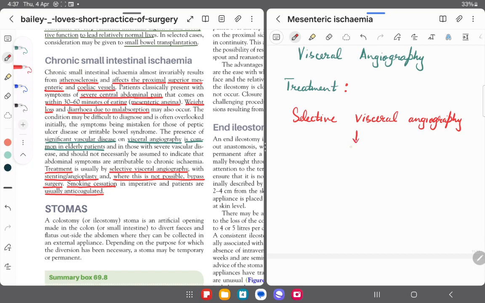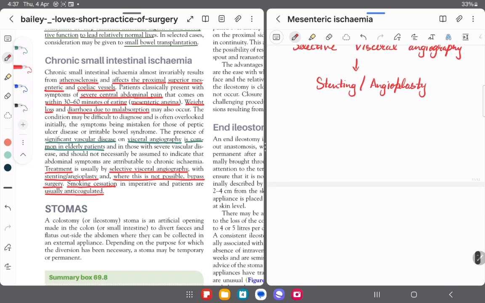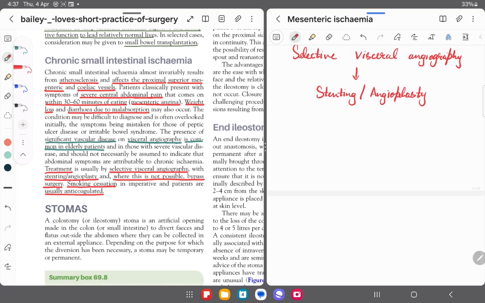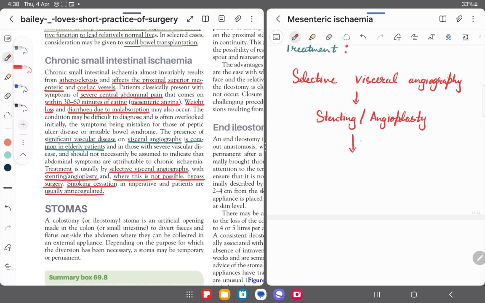And where that is not possible, if not possible, we need to do bypass surgery.